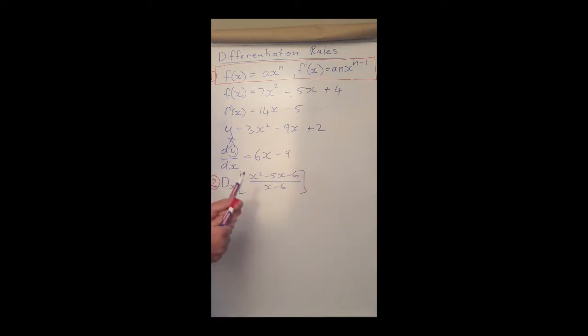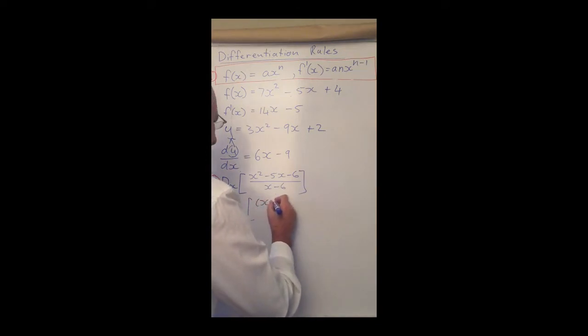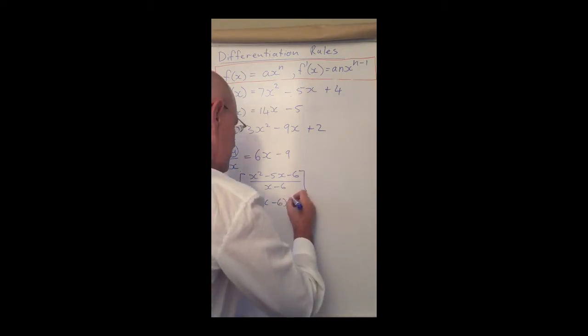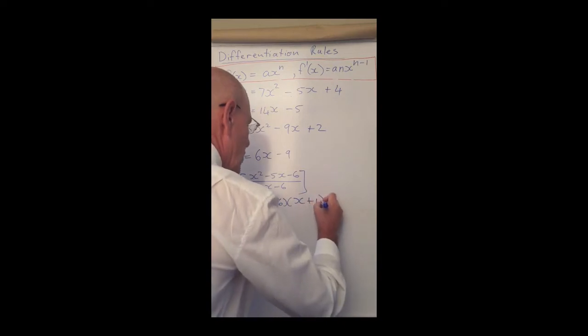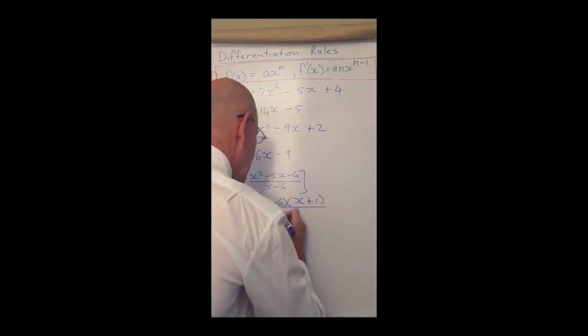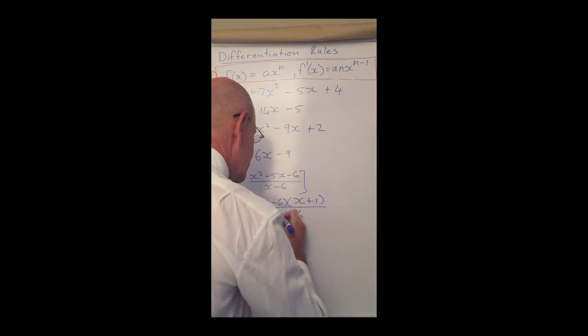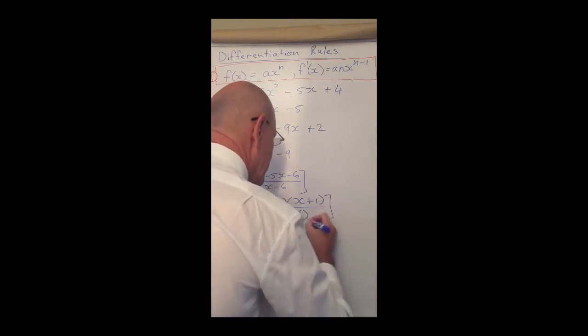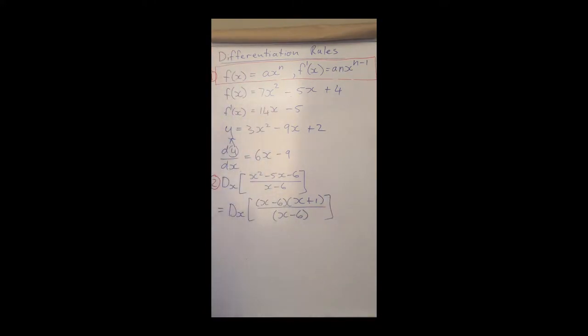Now, how do I simplify? Well, I just factorize. So it's equal to, still differentiate towards x, I'm just writing that down. The factors of that expression will be x minus 6, x plus 1, divided by x minus 6, in square brackets.